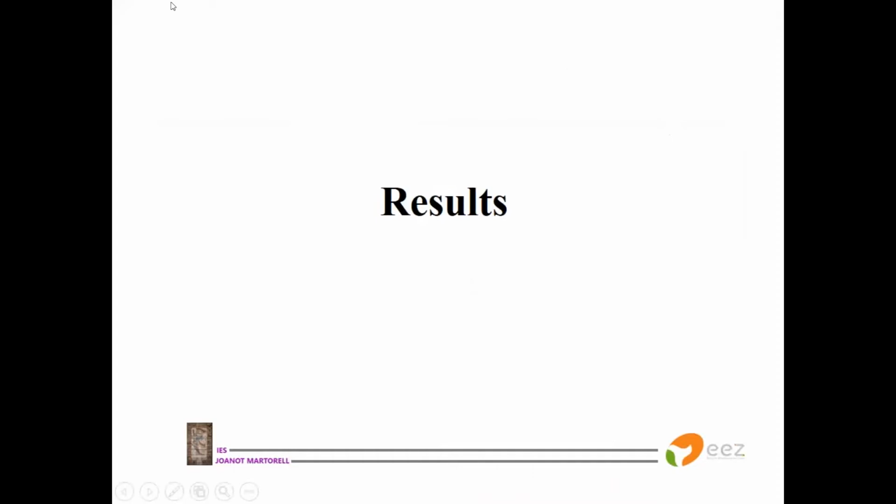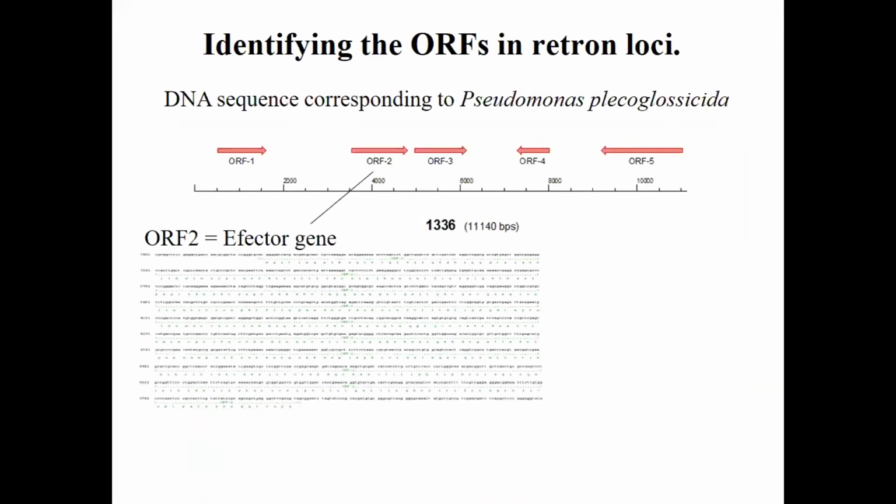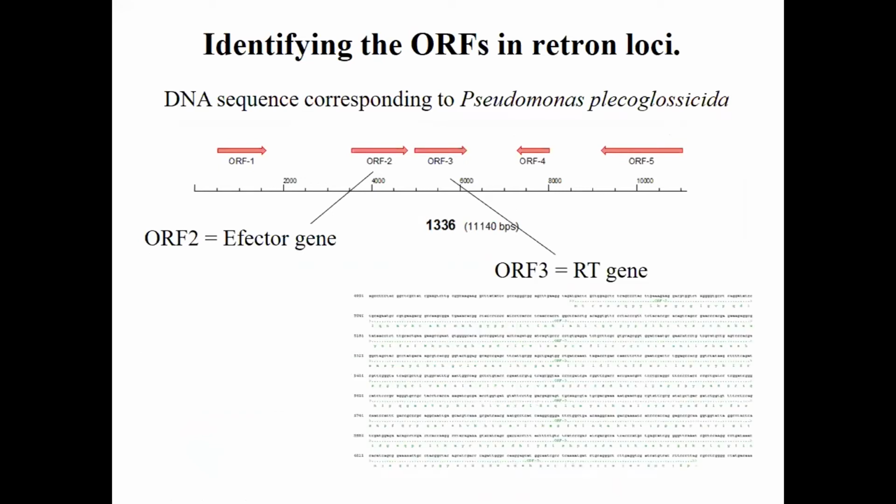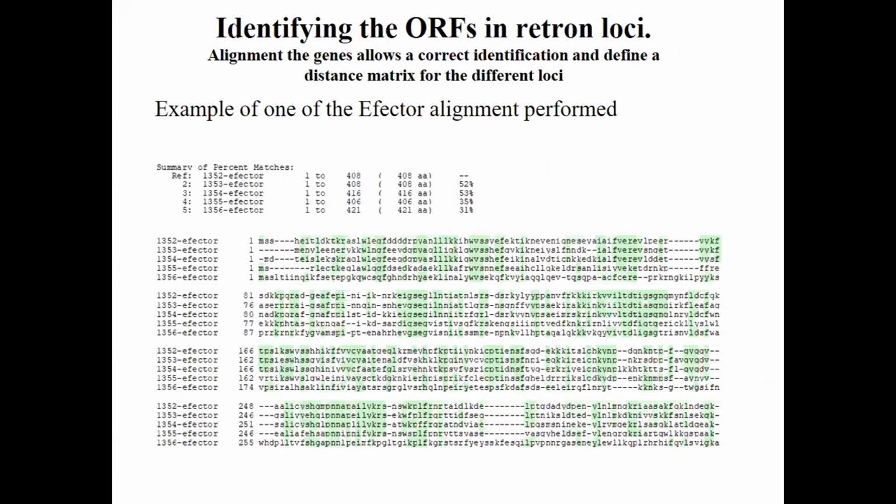Thus, as an example of the different results obtained, using the ORF search tool we identified the corresponding effector and RT genes for every DNA locus. Once we translated the DNA sequences to protein, we performed the corresponding alignments, which allow us to determine the distance among those genes as a percentage of identity.